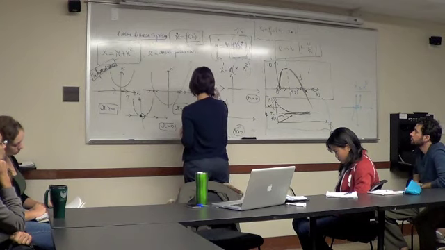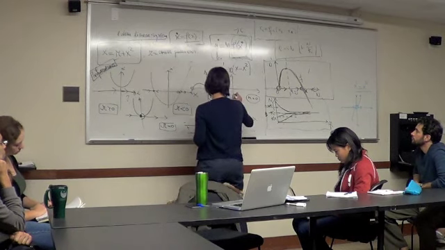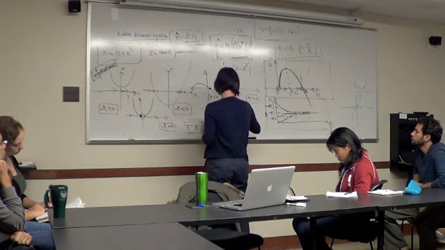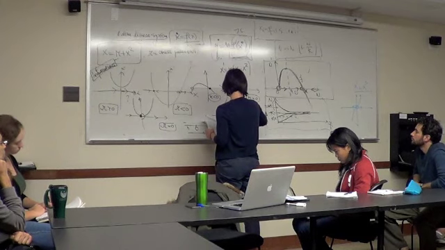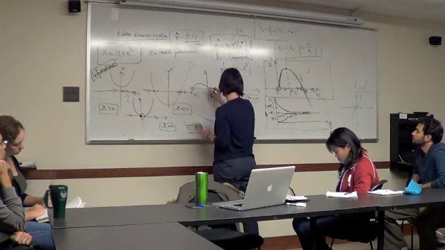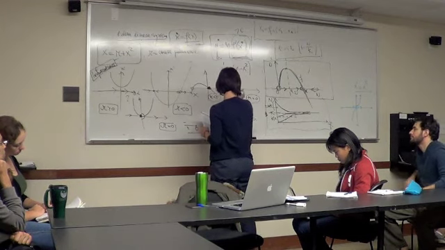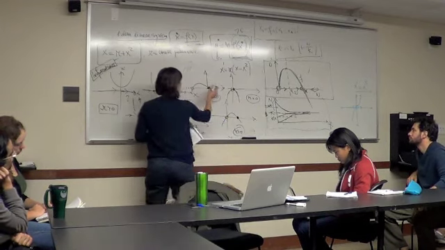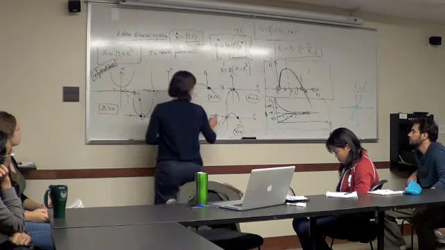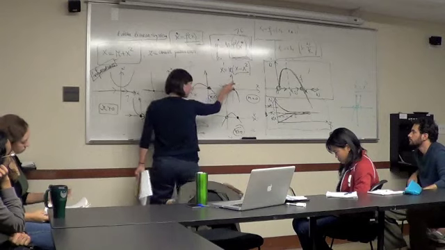I'm going to quickly draw these. Here, x equals 0 is always an equilibrium point for the system.